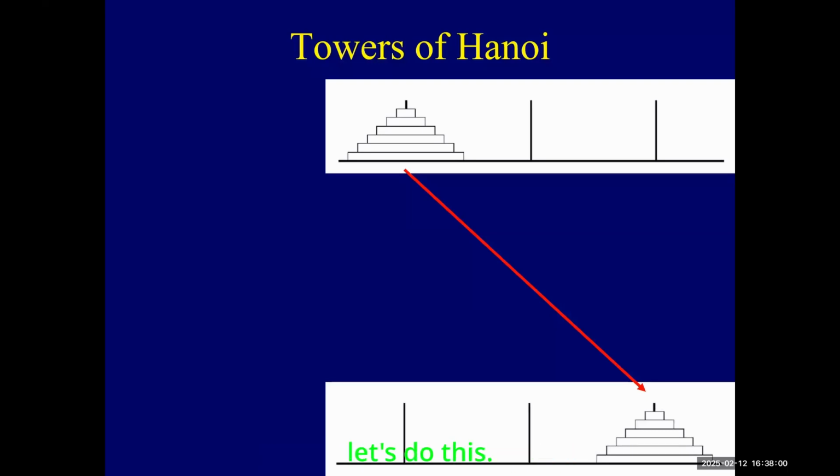But anyway, let's do this. Top work is n to the 1, so c is 1. Base cases is n to the log a over log b, which is n to the log 2 over log 2, which is n to the 1.